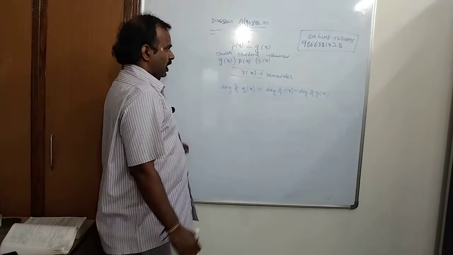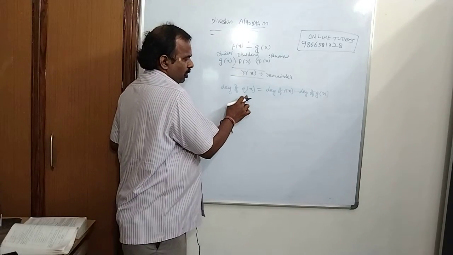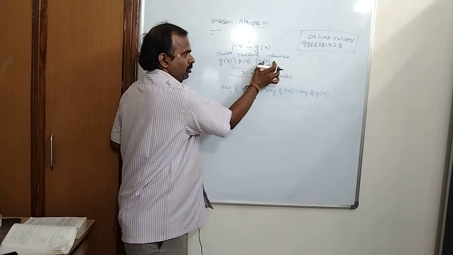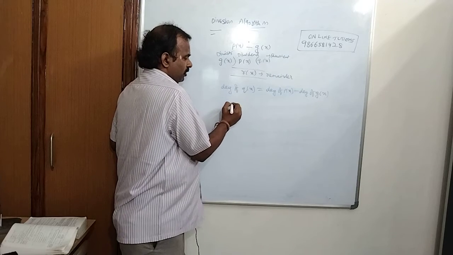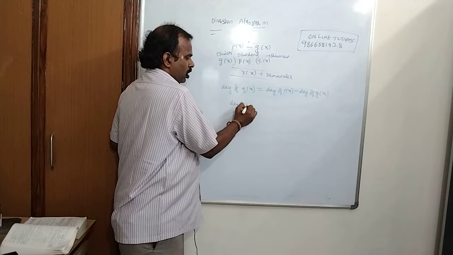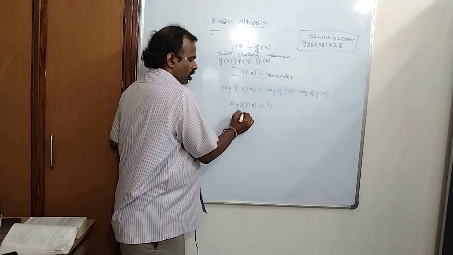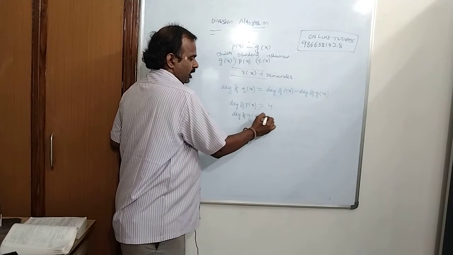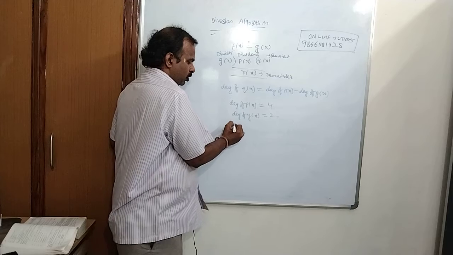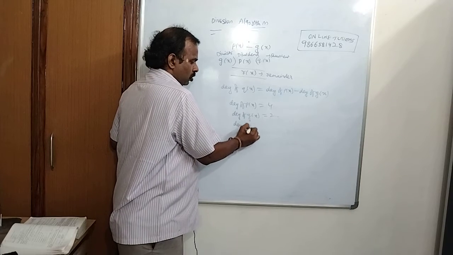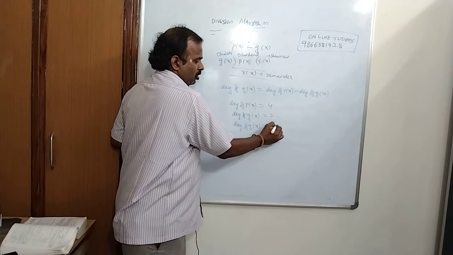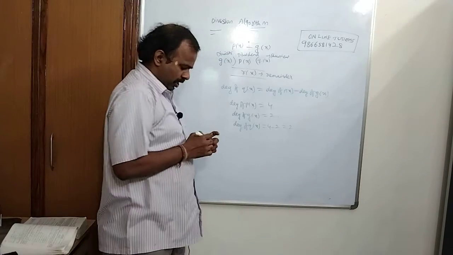Say if the degree of p of x is equal to 4, and the degree of g of x is equal to 2, the degree of q of x will be 4 minus 2, that is 2.